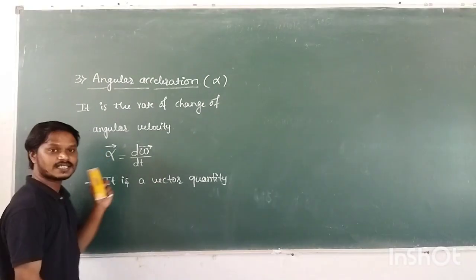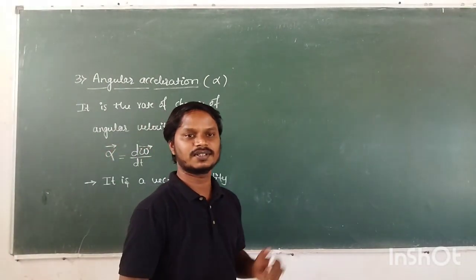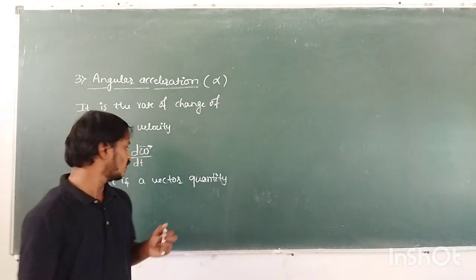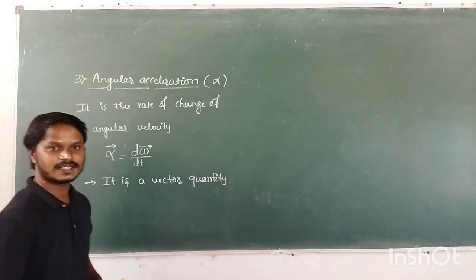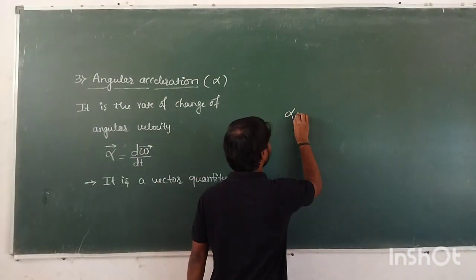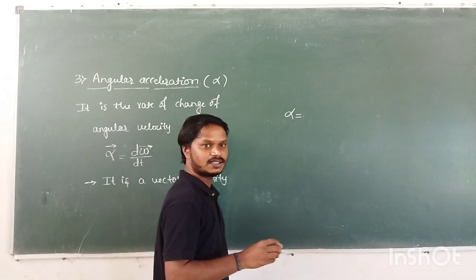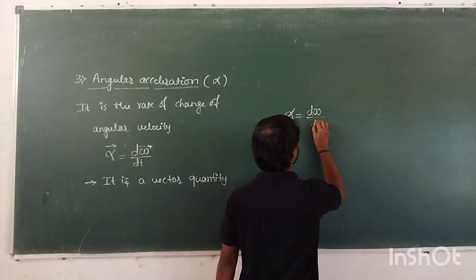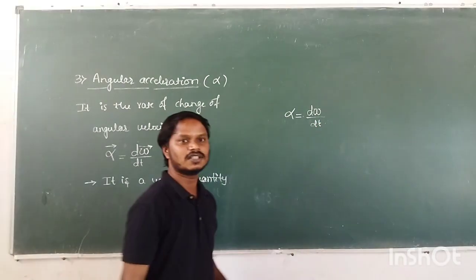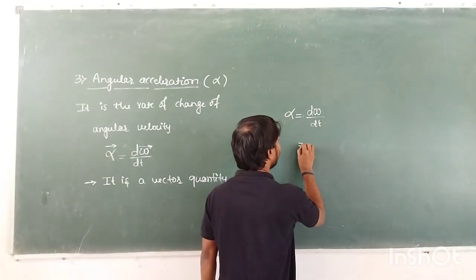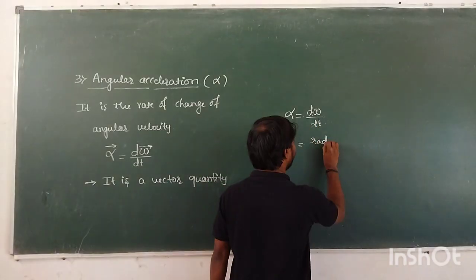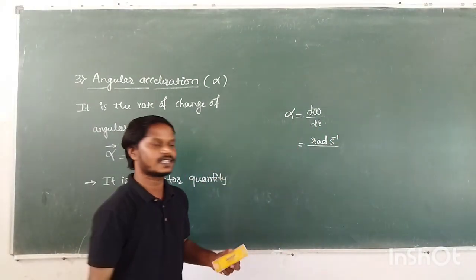And what is the SI unit of angular acceleration? See here, the SI unit of angular velocity is radian per second. According to the formula, angular acceleration is the rate of change of angular velocity, d omega by dt. Angular velocity is measured in radian per second, and the SI unit of time is second.